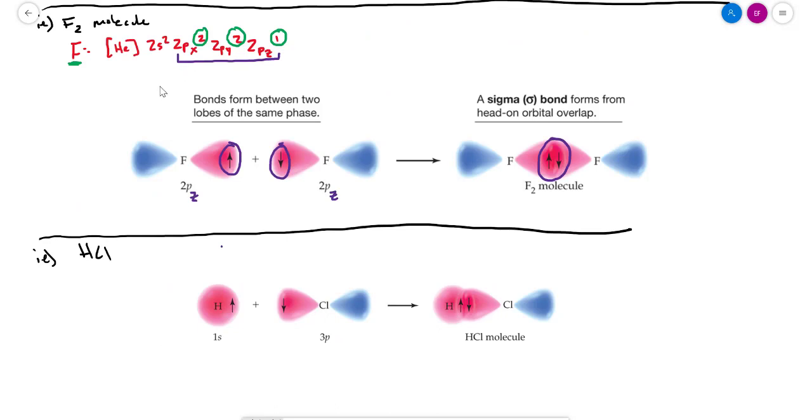Similarly, we could look at the HCl molecule. We know the hydrogen in HCl has that 1s1, so it does have that one unpaired electron. And then Cl has the same electron configuration as fluorine. It's just got the 3s2, 3p structure.